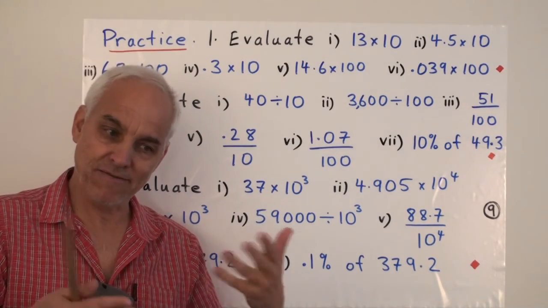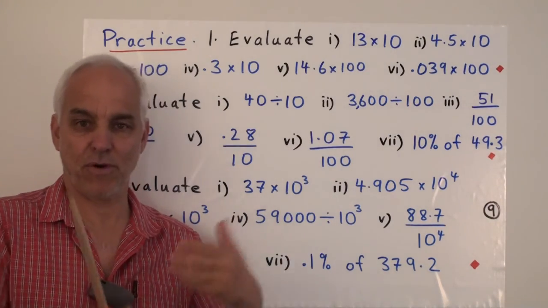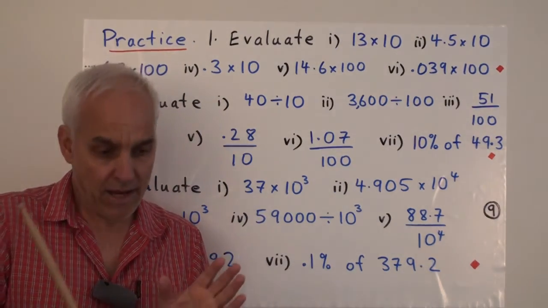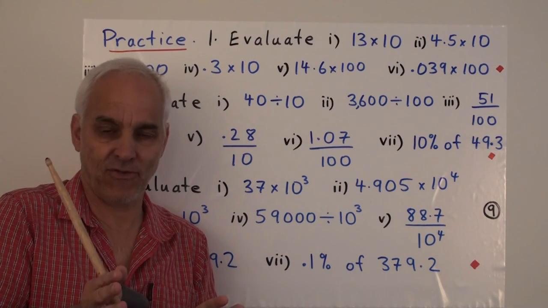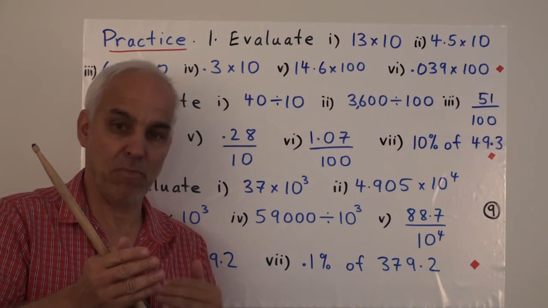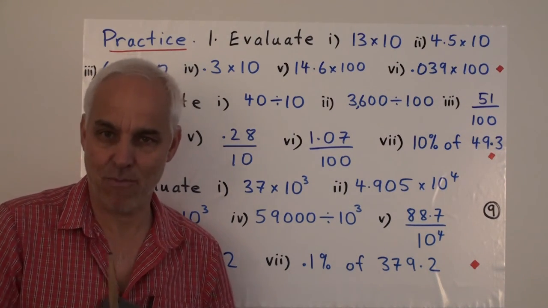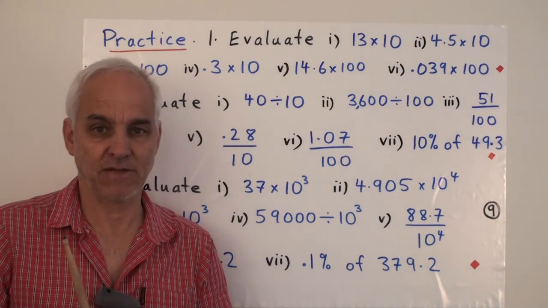So we're going to be developing some familiarity and confidence with working with big and small numbers, and also some ability to be able to make ballpark assessments, to be able to appreciate when one number is bigger than another and roughly by how much. That's part of this story of developing scientific notation.